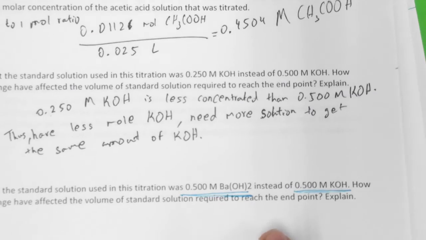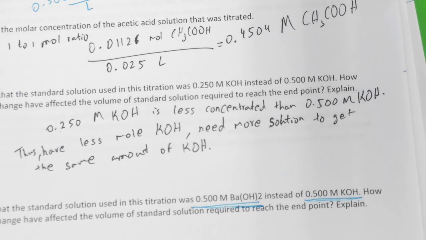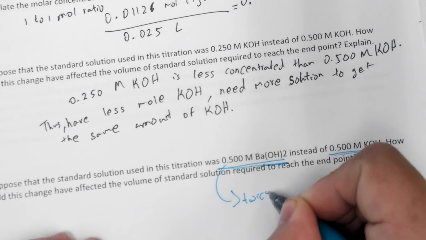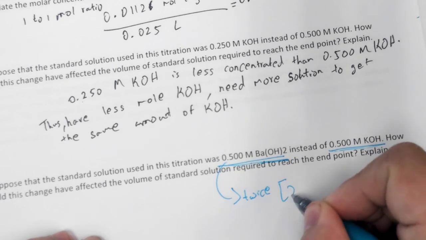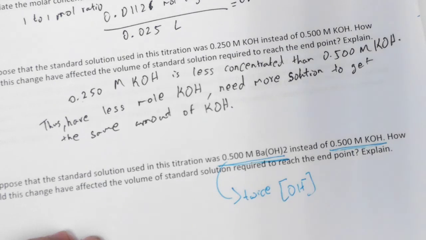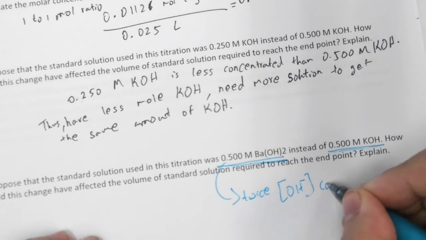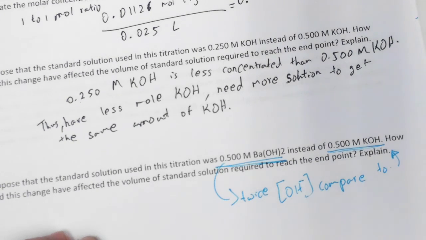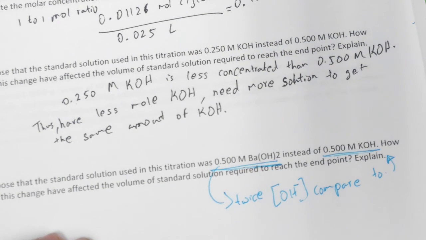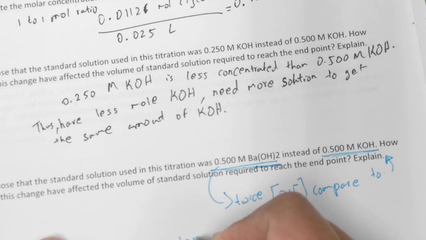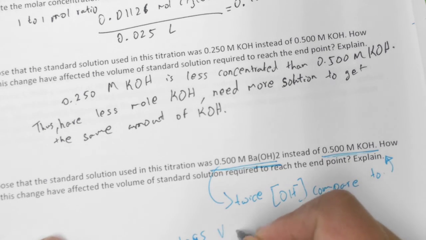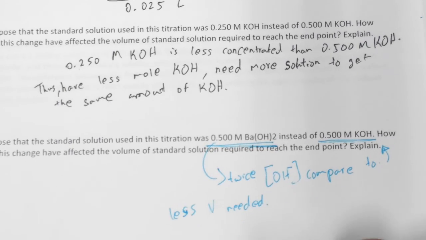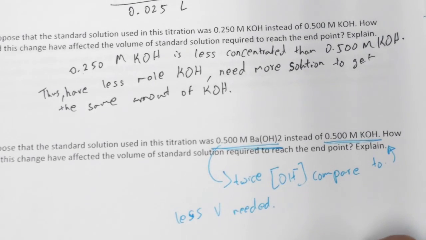So if you look at Ba(OH)2, this one has twice the concentration of OH minus compared to this. Which means I can use less volume, because I already have a lot. In fact, you need only half.